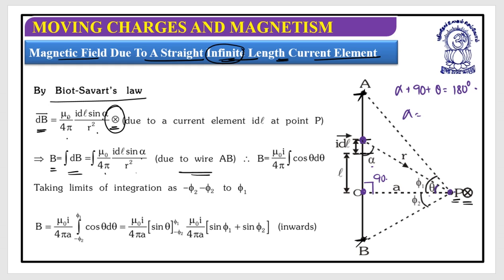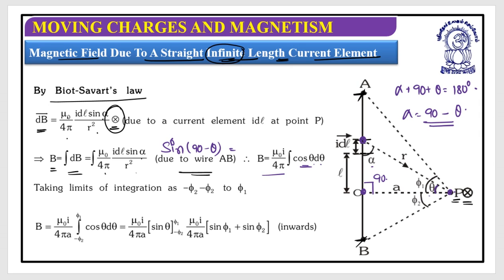So alpha can be written as 180 minus 90, which is 90 minus theta. So sine alpha, which is sine of 90 minus theta, can be written as cos theta. So B equals mu naught by 4 pi a times the integration of cos theta d theta. Now how should I calculate theta?